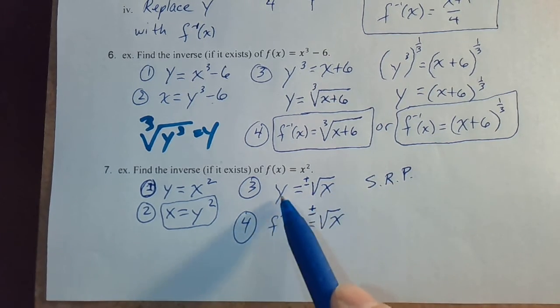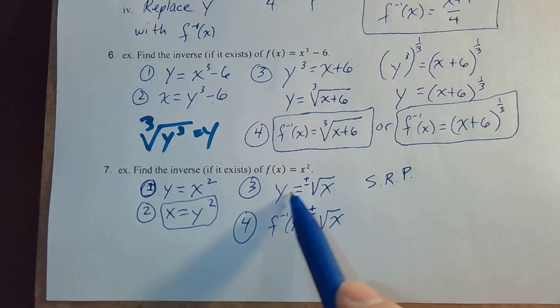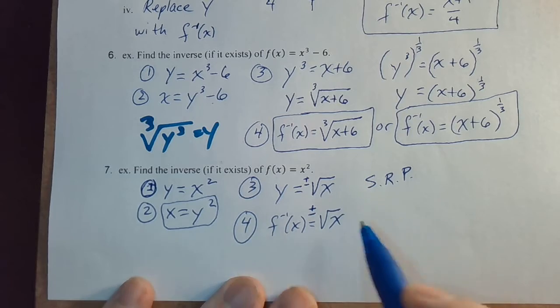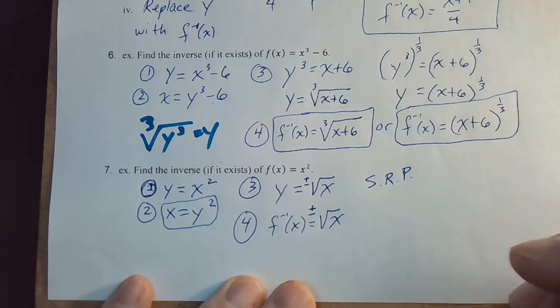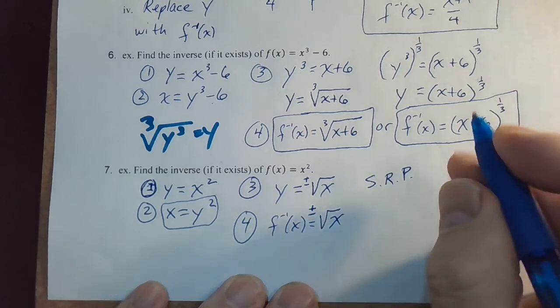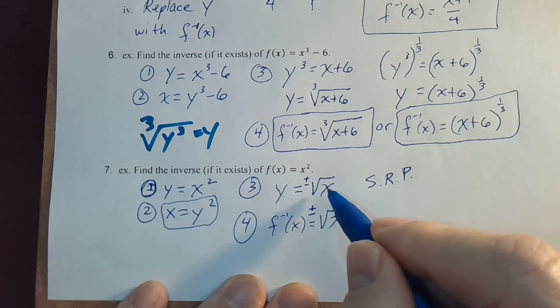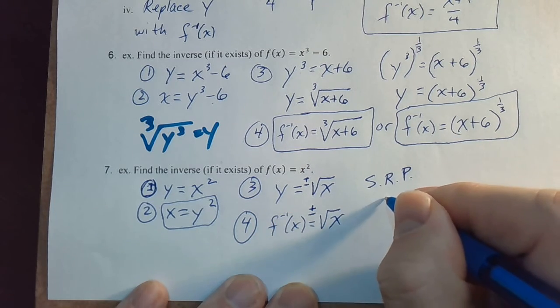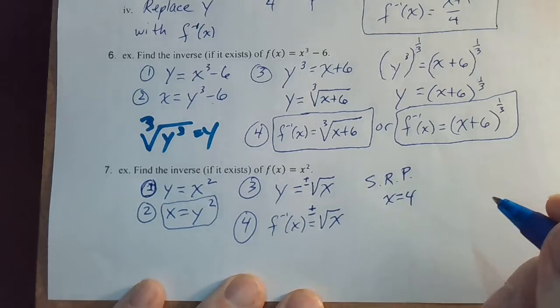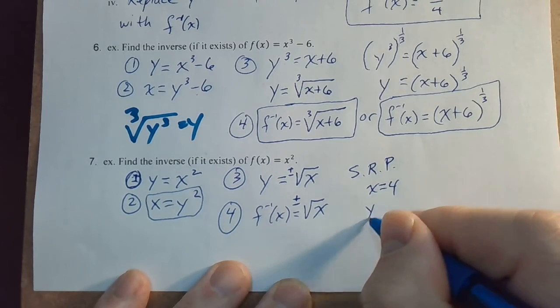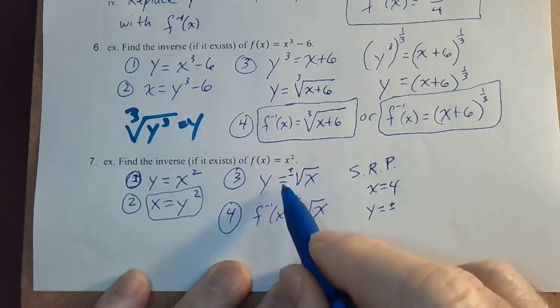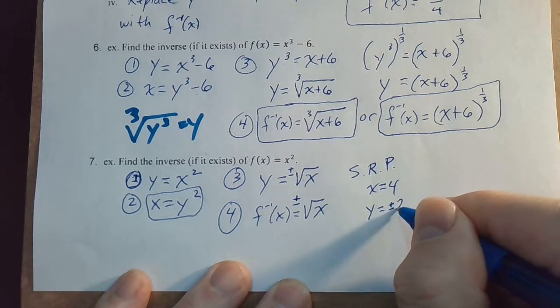This is not even a function. Because let's just take a couple of ordered pairs. If x is 4, just for example, that gives us y equals plus or minus radical 4, which is 2.